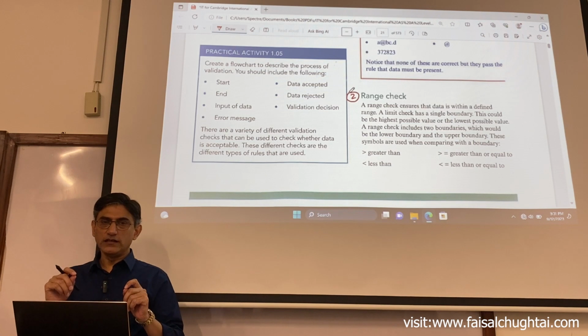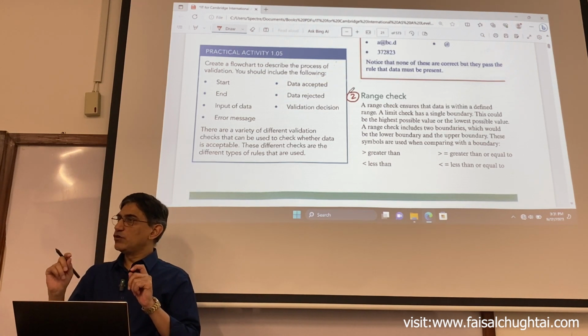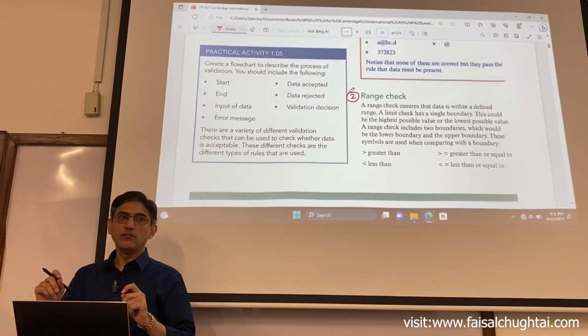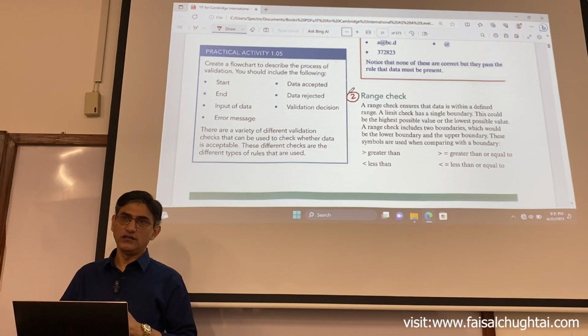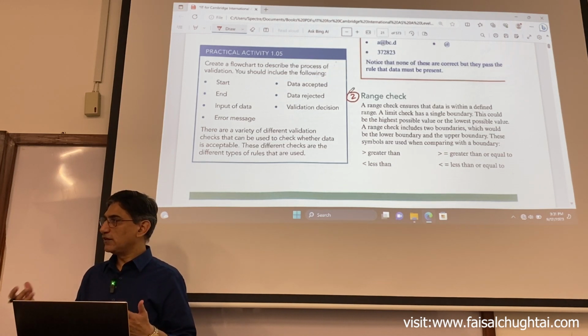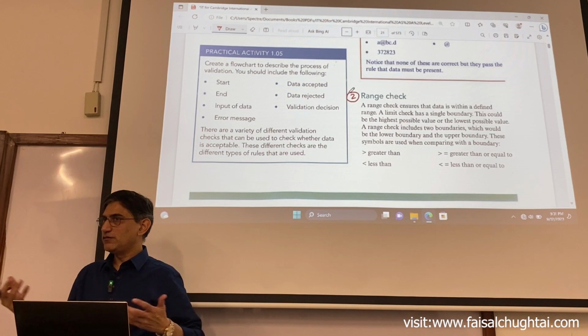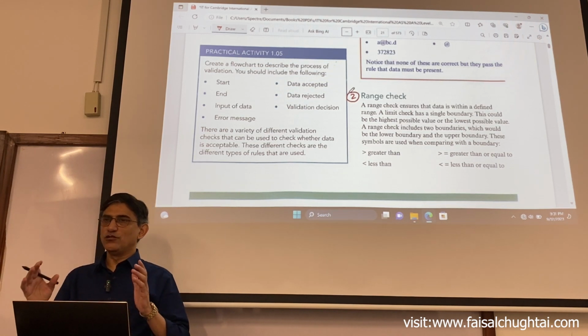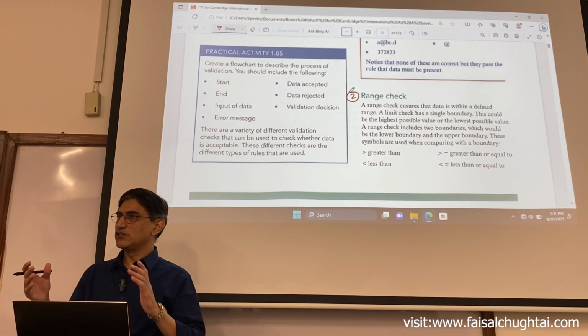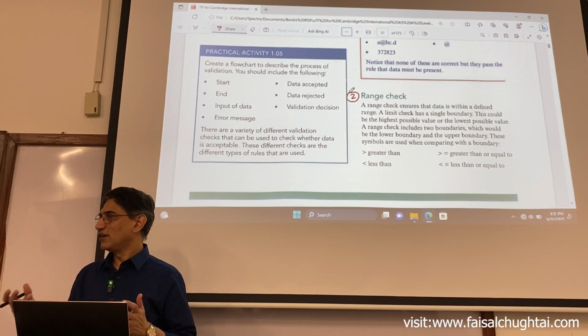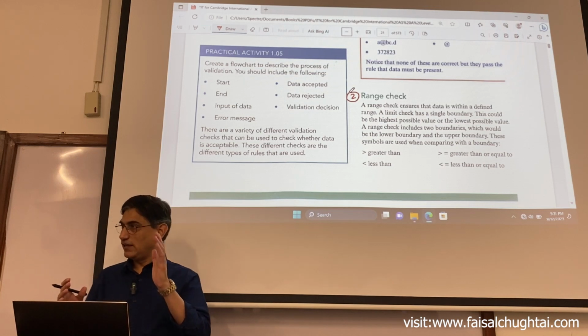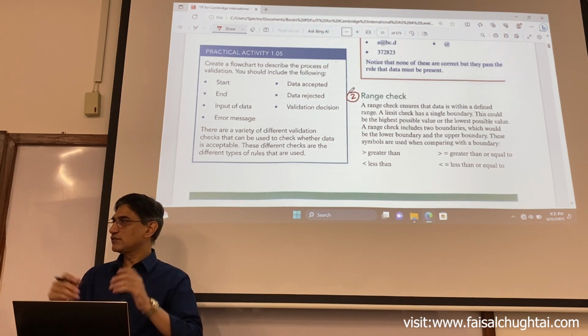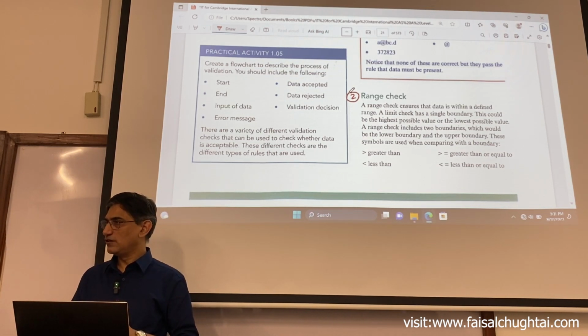And if you look at it, range check would be applicable on numeric data only, because numeric data can have ranges. Alphabet data cannot have ranges. We can't say, please enter a name which is between this and this. But we can always say, enter an age between this and this. So there could be ranges, or there could be limits.